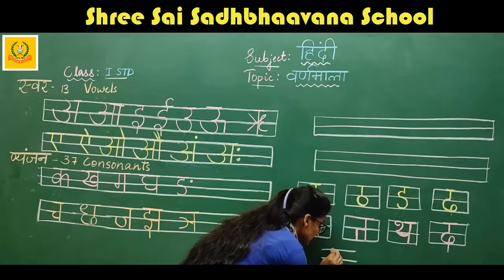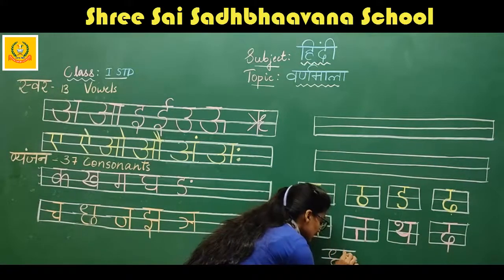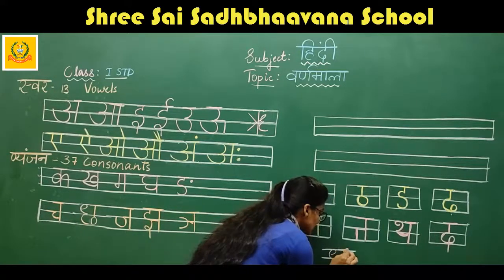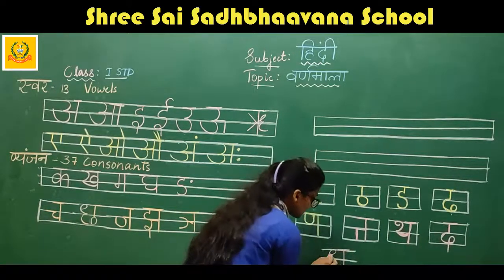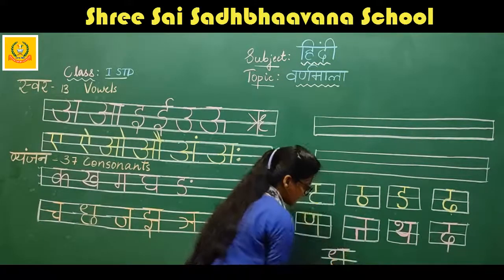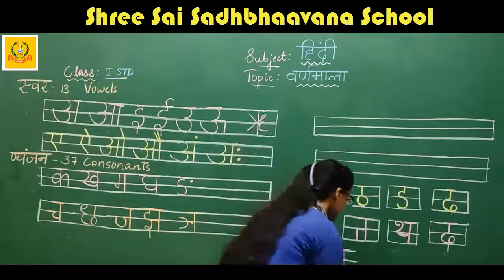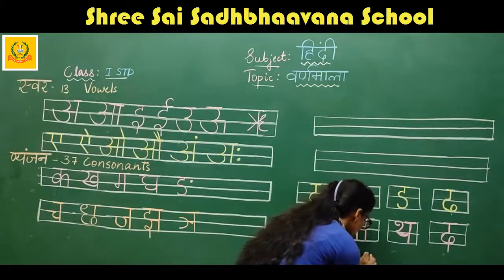One curve like this. The. Now, how to write na?